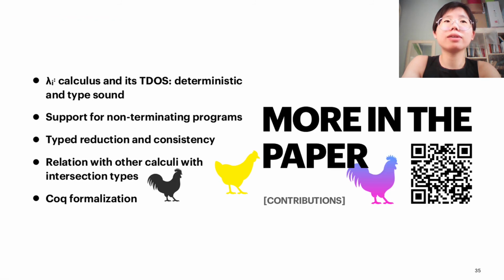In summary, our contributions in this work are: first, designing a deterministic and type-sound type-directed operational semantics for lambda-i-NO, which is a calculus with intersection types and a merge operator.